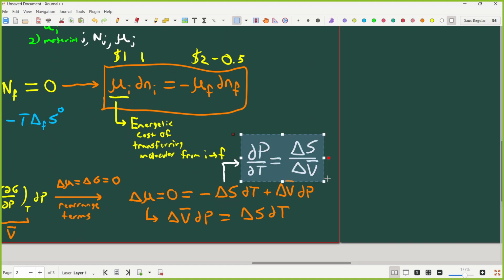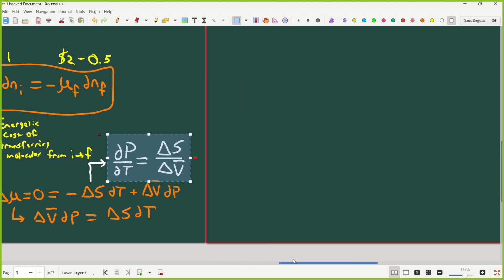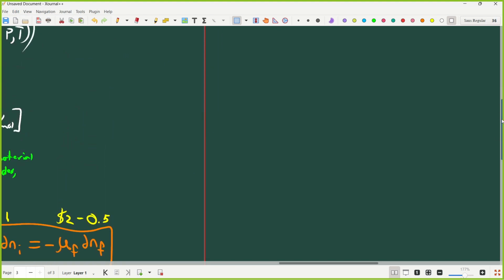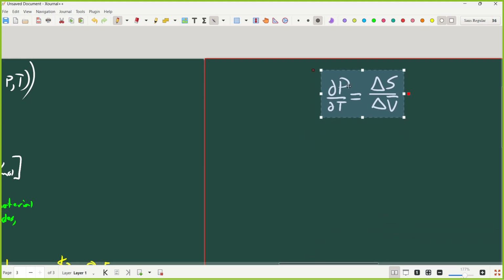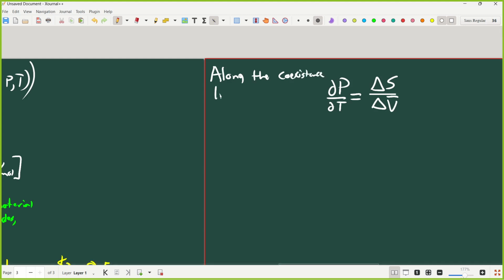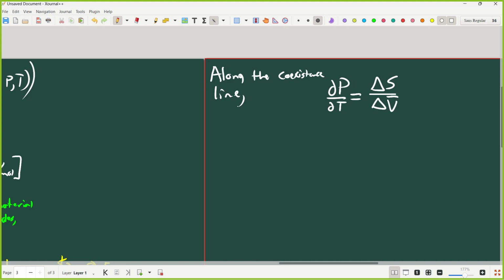So along the coexistence line, the slope of that curve, pressure as a function of temperature, at some temperature and pressure is the change in entropy divided by the change in the density or the molar volume of the material.